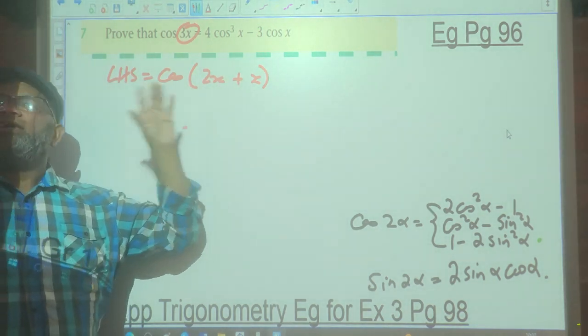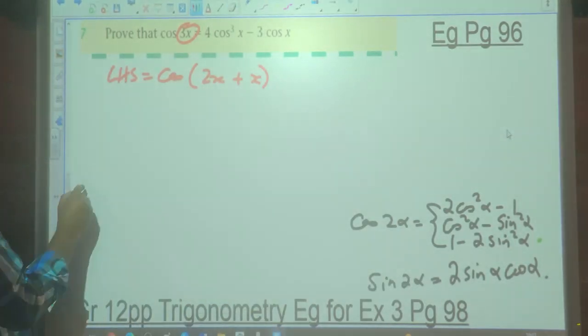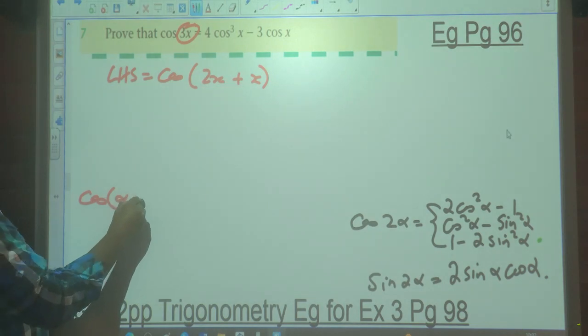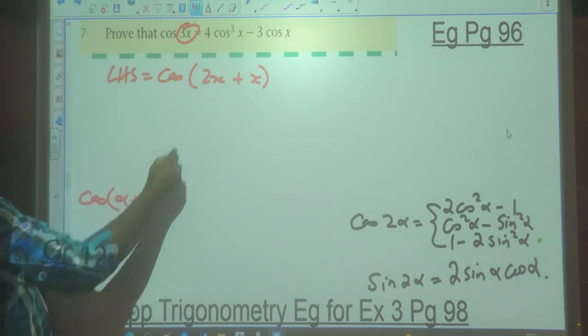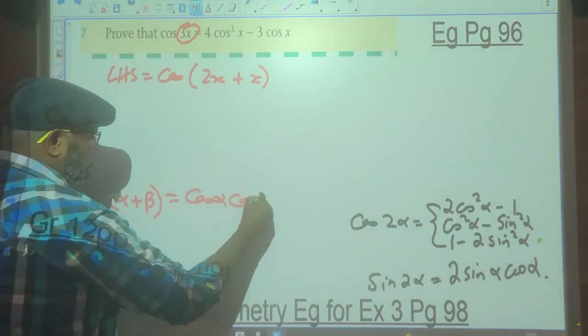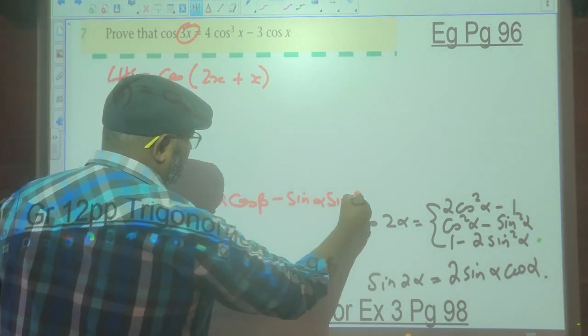Compound angle. Yes! Compound angle for cos. So what's the cos compound angle? Cos alpha plus beta. Why plus? So there is a plus. Can be written as cos alpha cos beta minus sine alpha sine beta.